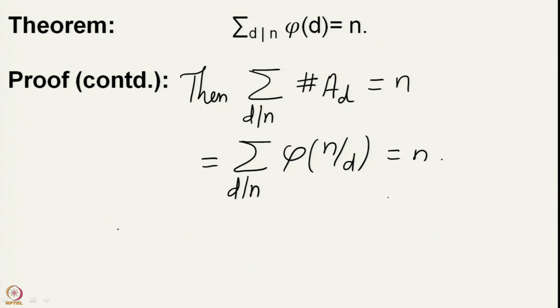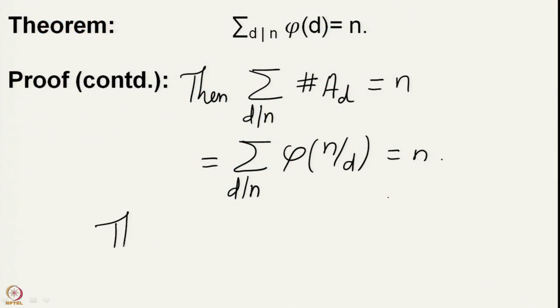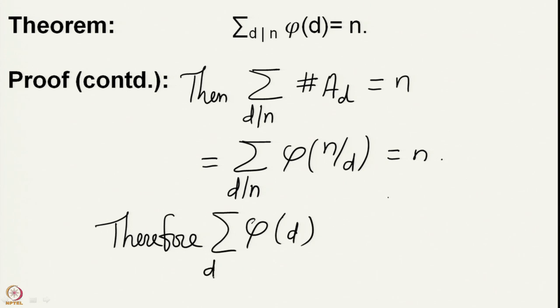But once you are varying over the divisors of n, the d's and the n by d's are the same sets, and therefore we get that summation of phi d where d divides n is indeed equal to the number n.